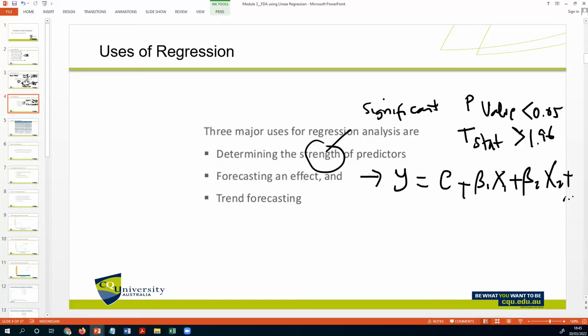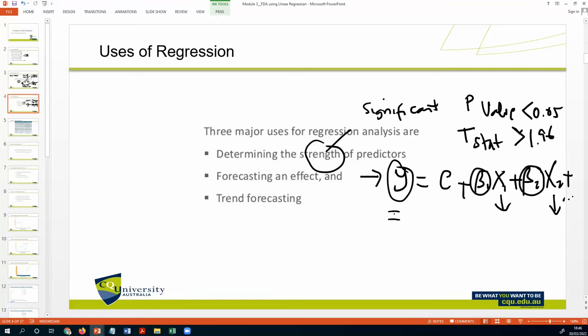So we are going to forecast y given the condition of x1 and x2. We get the betas within the output of the regression model, but the x1 and x2 will be given afterwards to forecast y.